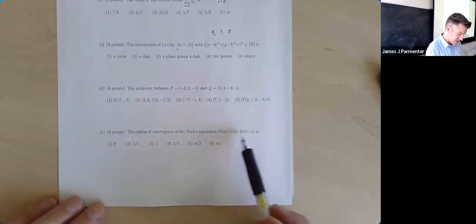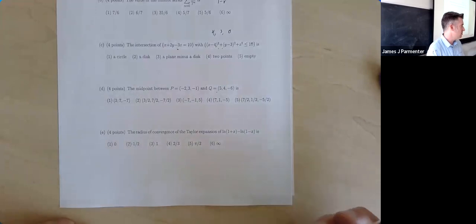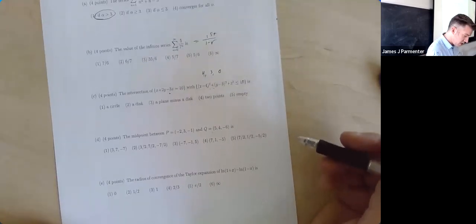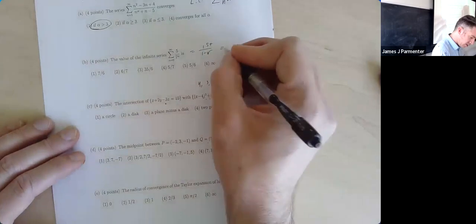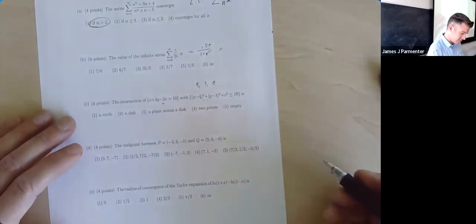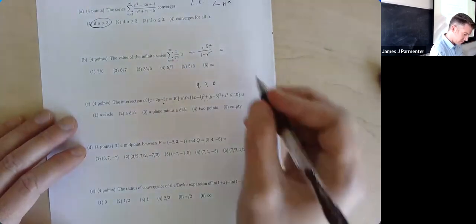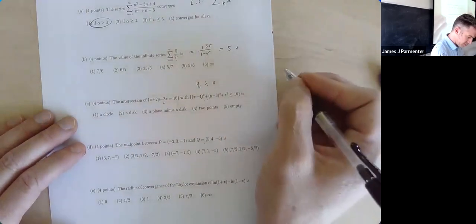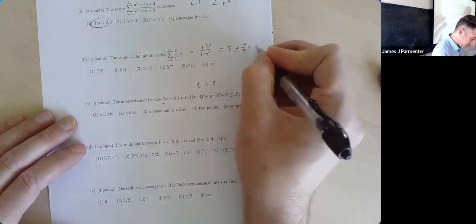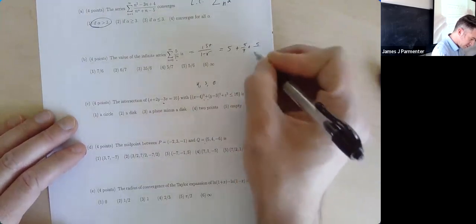Radius of convergence of this shouldn't be too terrible. Can you do the B? The B? Yeah. Sure. So if I look at this here, if I write out the series here, what is my first term of this series? Right. And then what's my next term? And what's my next term? Right.